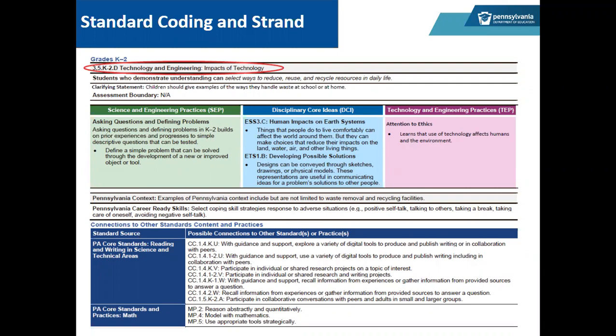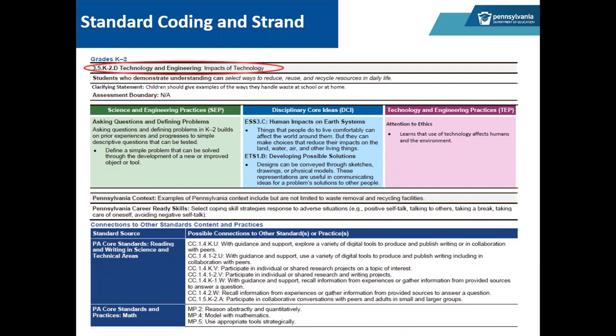For this standard, the first digit 3 represents the content, T&E, science, or ELS. The second digit is the discipline. 5 represents technology and engineering. The third number represents the grade band. For this example, the grade band is K2.